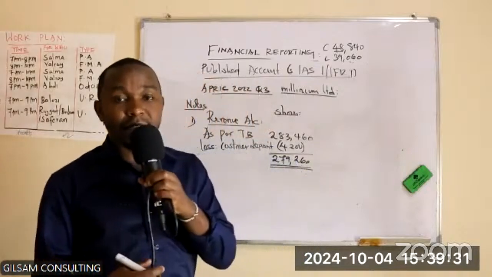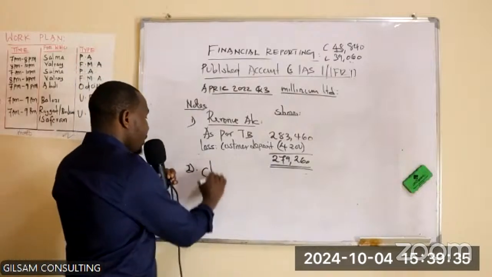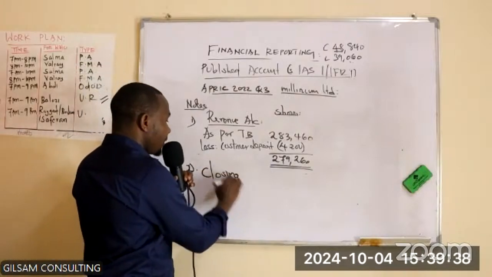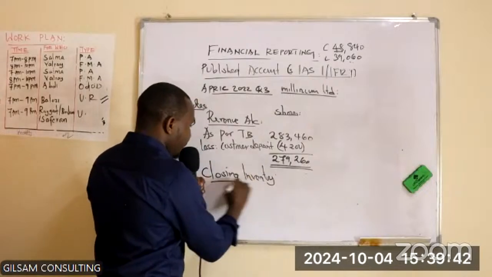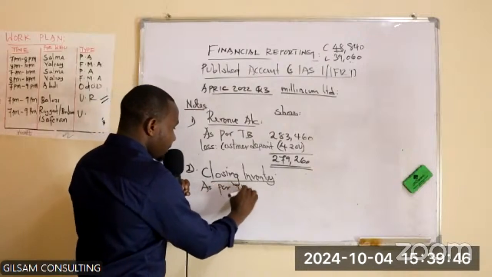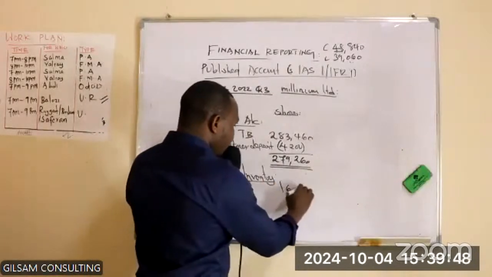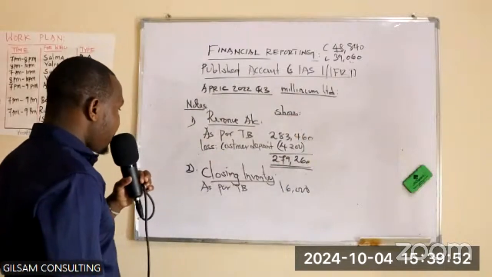We have to do the adjustment of the closing inventory. Write for me closing inventory. As per the trial balance, I've seen 16,000. Remember, we have 3 zeros up there.